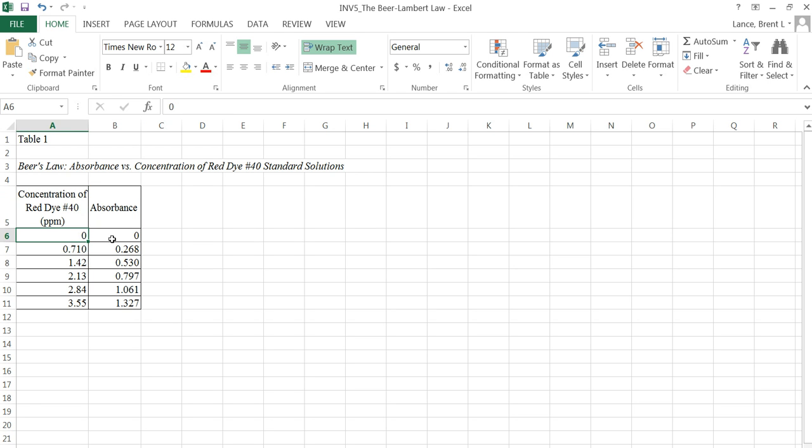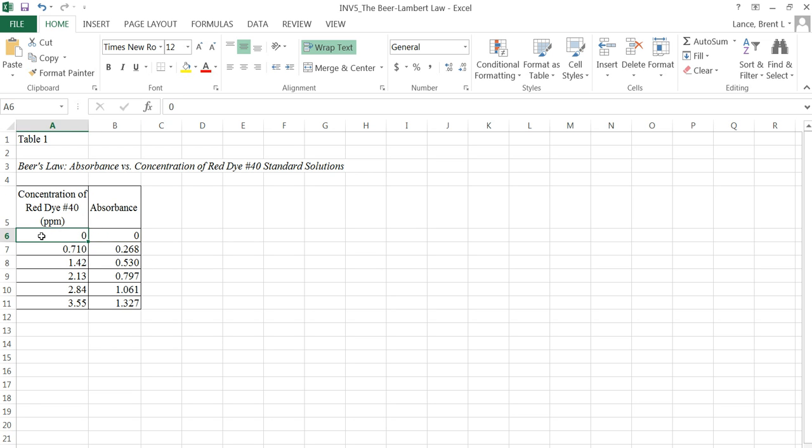The data, I started off here. This is the blank, pure distilled water, which we calibrated the instrument with and set as 0. And then from that wavelength and that calibration, measured the highest absorbance for that concentration.